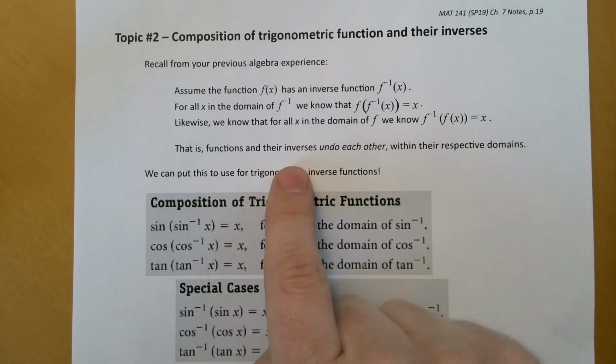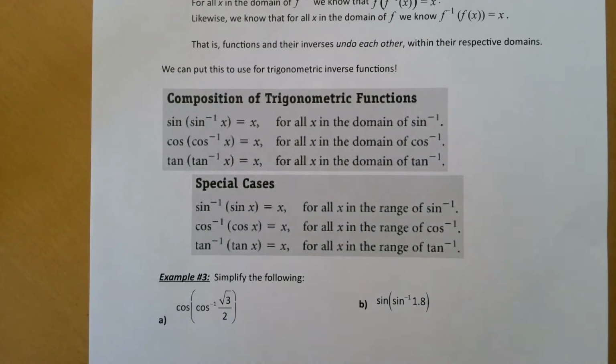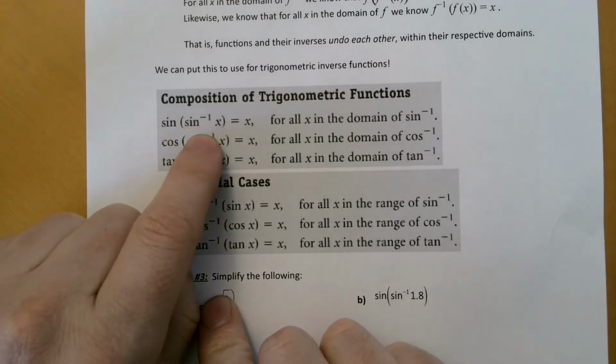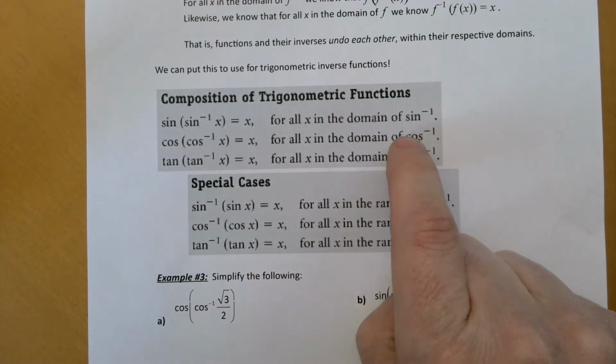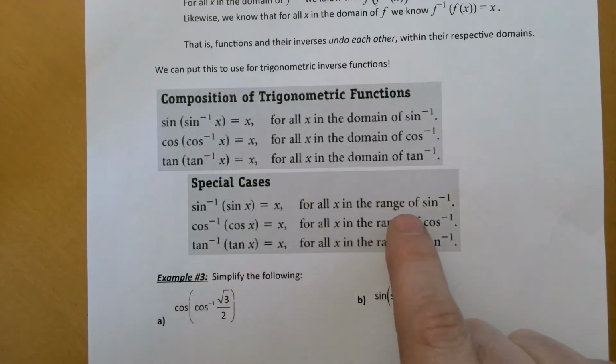In other words, functions undo each other within their respective domains. This is true when we compose things in this direction: sine of sine inverse of x is just going to spit out x, for all x in the domain of sine inverse. Now there are special cases. Sine inverse of sine x equals x for all x in the range of sine inverse.